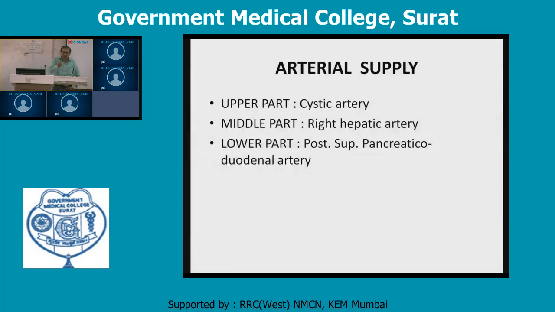So different parts of the CBD receive arterial blood from different sources: the upper part from the cystic artery, the middle part from the right hepatic artery, and the lower part from the posterior superior pancreatico-duodenal artery.